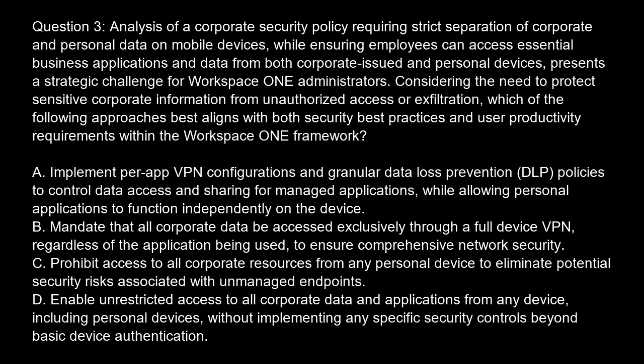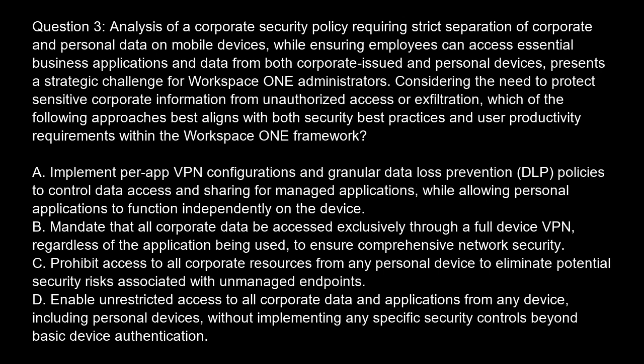Option A. Implement per-app VPN configurations and granular data loss prevention (DLP) policies to control data access and sharing for managed applications, while allowing personal applications to function independently on the device. Option B. Mandate that all corporate data be accessed exclusively through a full device VPN, regardless of the application being used, to ensure comprehensive network security.